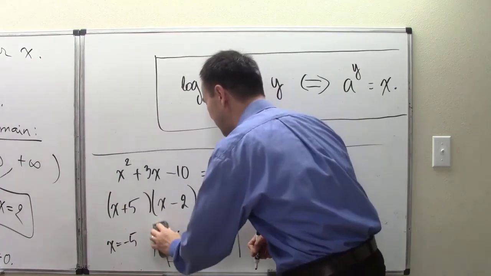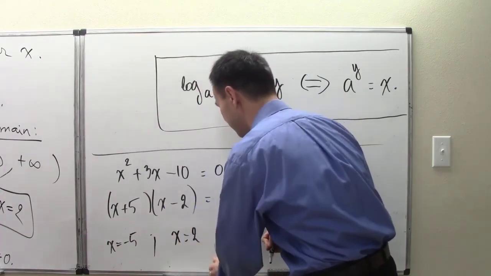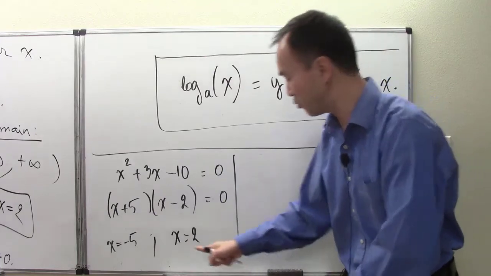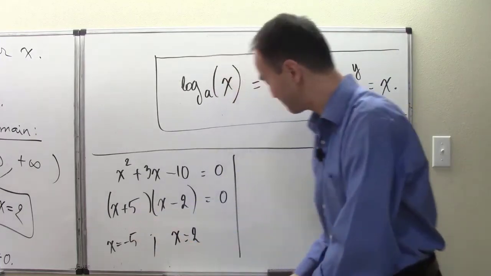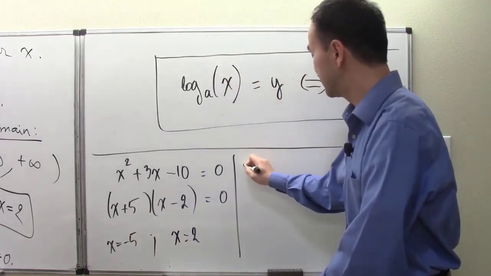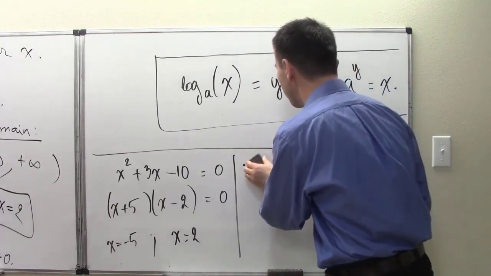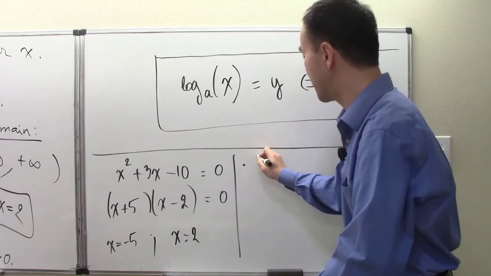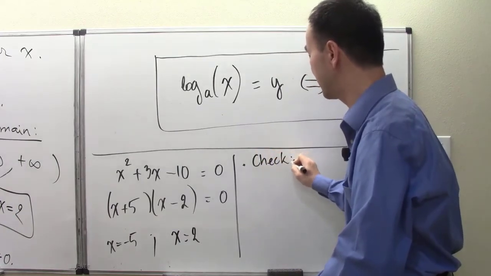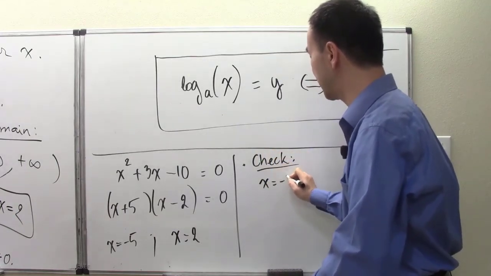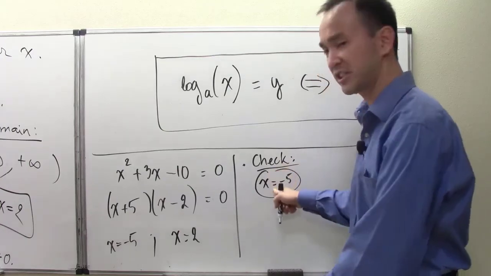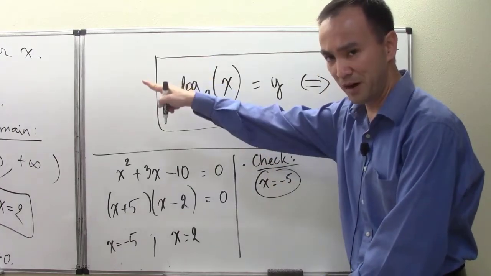Now allow me to show you a different method to check which answer here can be ruled out. Instead of brutally finding a combined domain, we're just going to check. When x equals -5, how do I check? I substitute this into my equation.